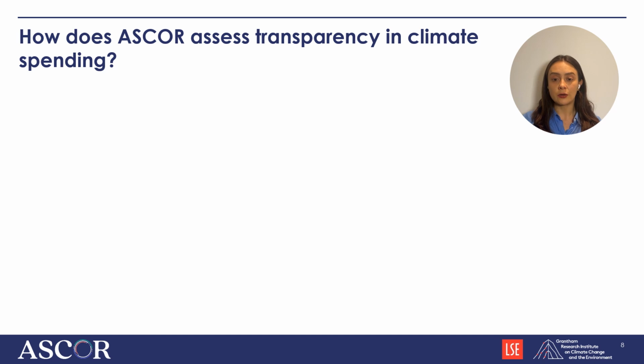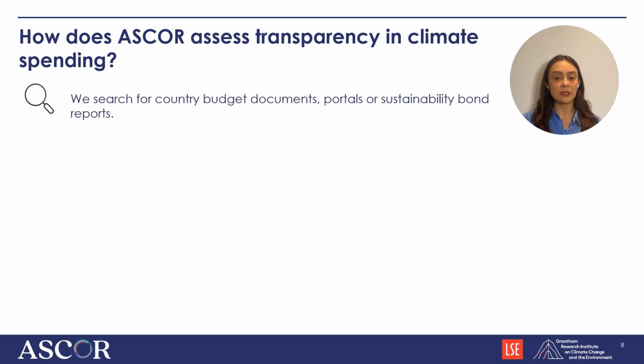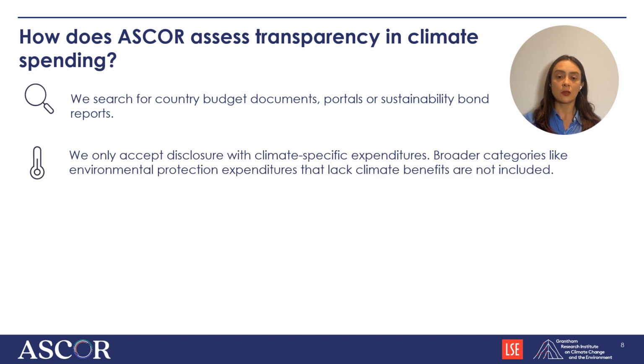So how does ASCOR assess transparency in climate spending? First, we search for country budget documents, portals, or sustainability bond reports where they link those reports to budgetary practices. We accept only the disclosures that are climate specific.